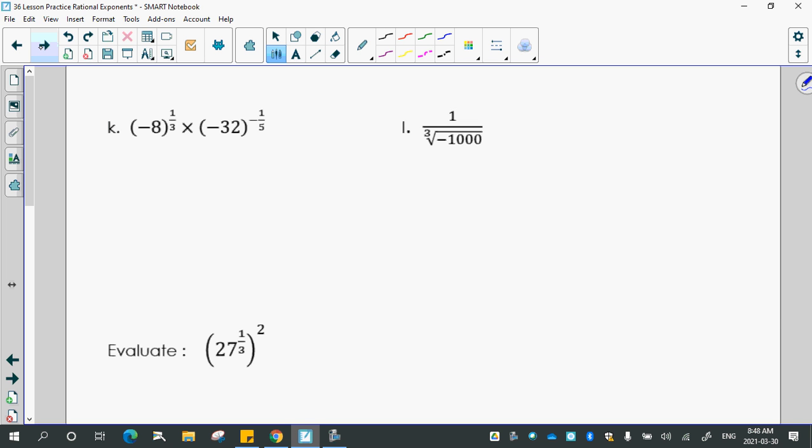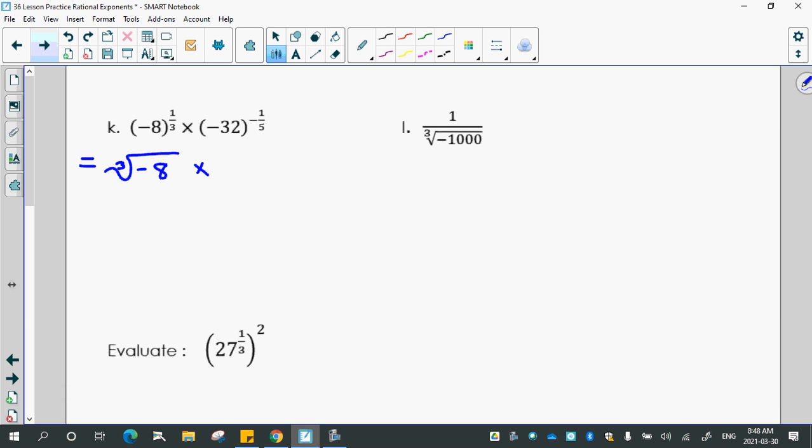Did I miss any? Are you on this one? Okay. All right, so we're just multiplying 2 of them together. So the first thing I would do for this one is rewrite it as the 3rd root of negative 8, because I don't see same base or anything.